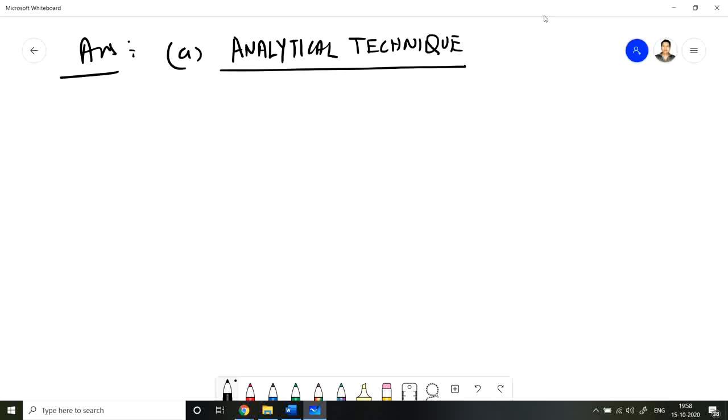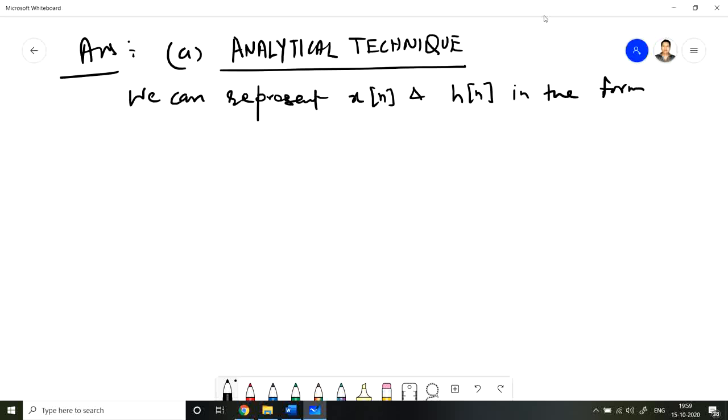Basically we can represent x[n] and h[n] in the form of unit sample function.